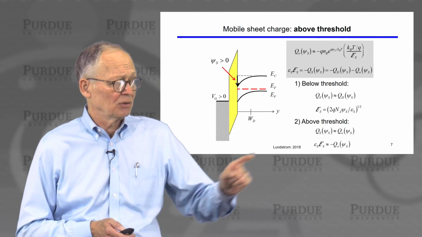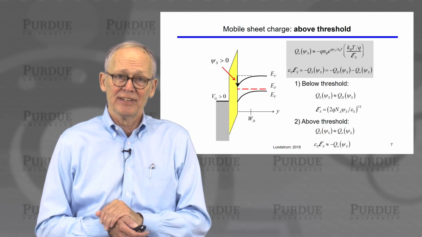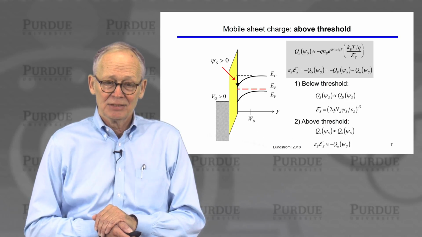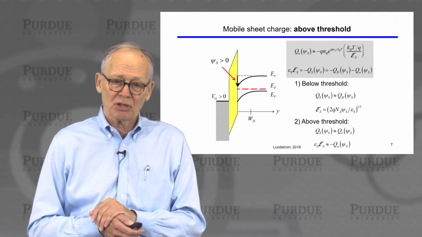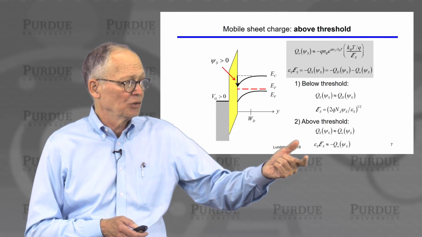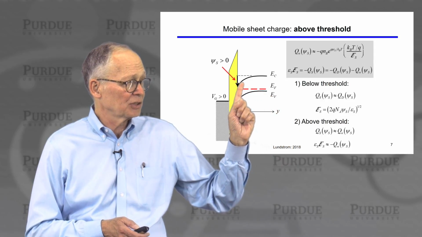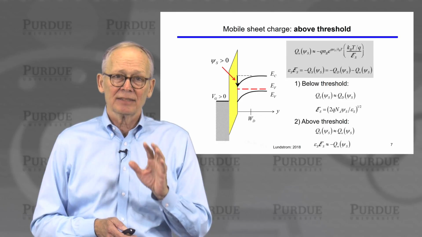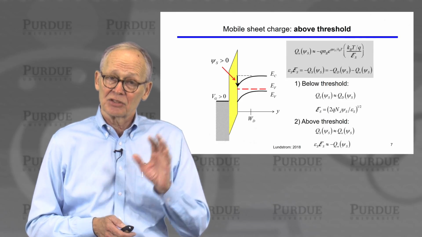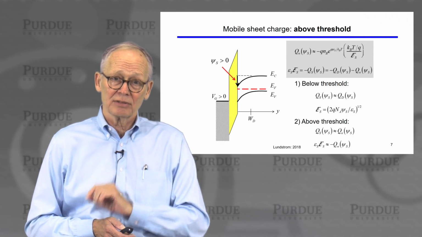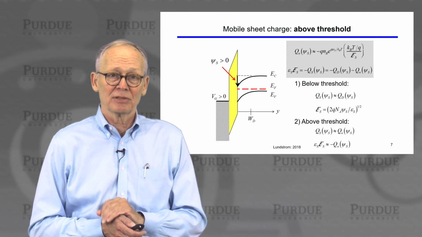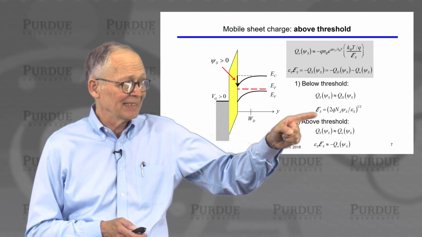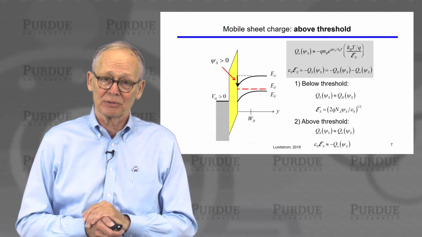But above threshold, the mobile charge dominates. Now we could apply Gauss's law again. We could say that the normal displacement field at the surface of the silicon is minus the charge in the silicon. The charge in the silicon now is all this inversion layer charge. So we're going to use this expression for the electric field above threshold instead of this expression below threshold.